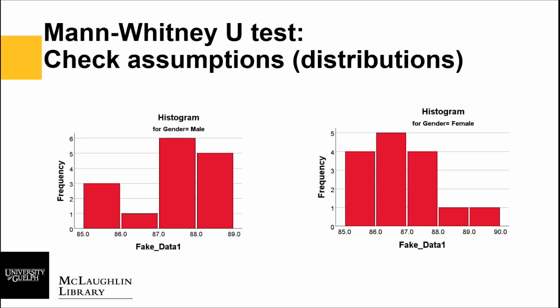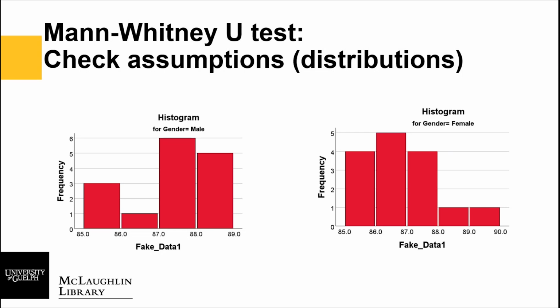So what you do is you look at your continuous variable across your 2 categorical groups. Here on the left, we have our male participants, and on the right, we have our female participants. Both of these are fake data 1, and we're looking at them to say, do these look like they are the same shape? If you're looking at this critically, you can see for the male participants, it looks like most of the data is between 87 and 89.